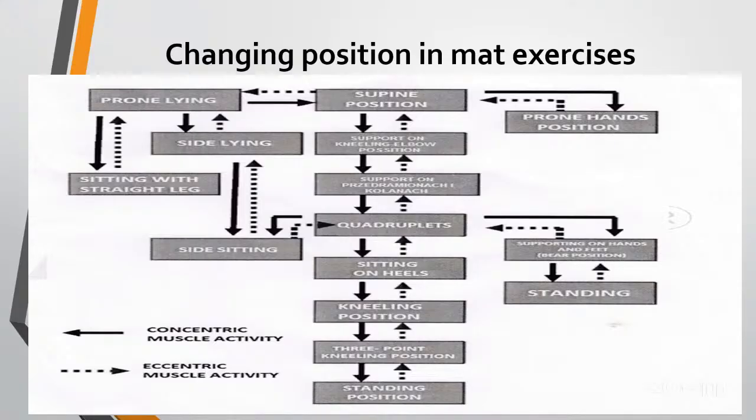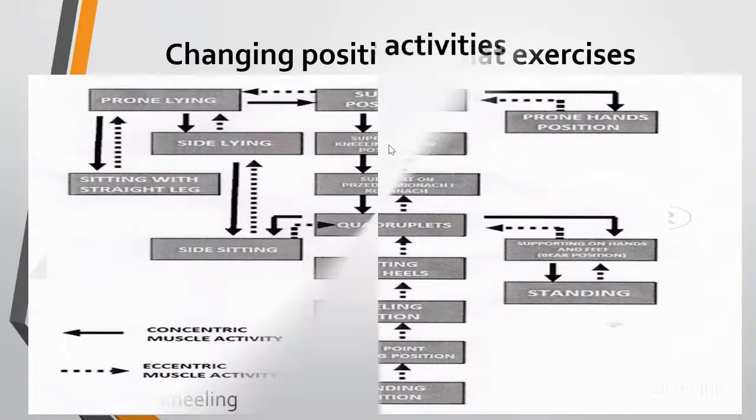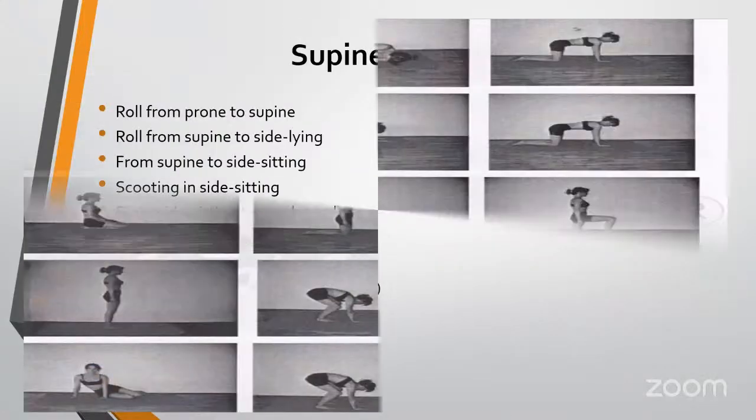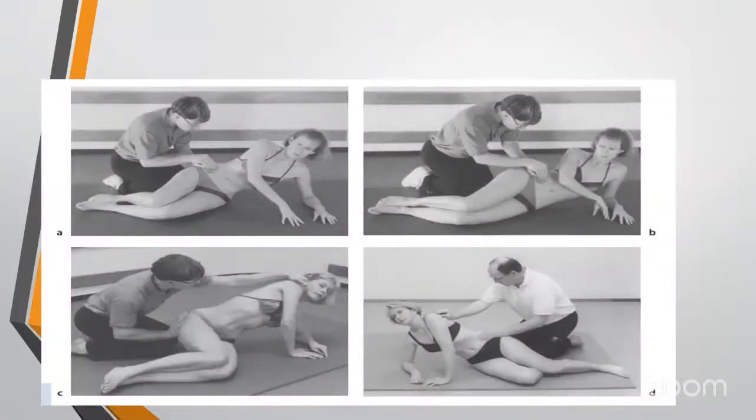When he's standing, it is concentric contraction of the quadriceps, and so on. So we go in with concentric muscle activity, then we go out with eccentric muscle activity. So we also need to determine the type of contraction that those patients are involved in. These are some examples here.